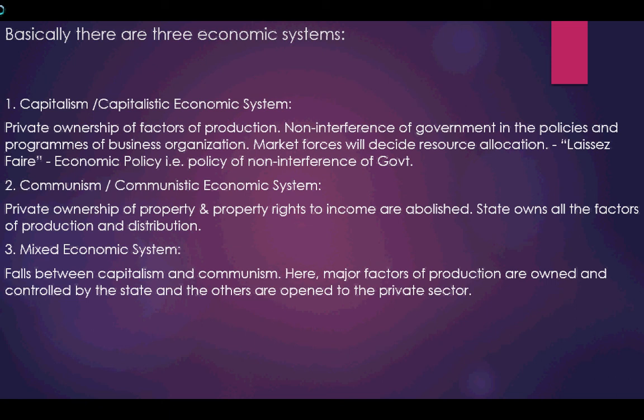Although China is now understanding the advantages of democracy, even China has now opened up towards the rest of the globe. Mixed economic system: India is the best example for the mixed economic system, which falls between capitalism and communism. Here, the major factors of production are owned and controlled by the state and other private people.